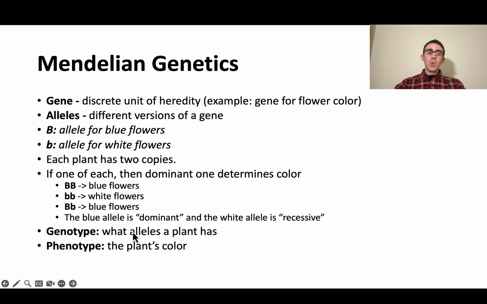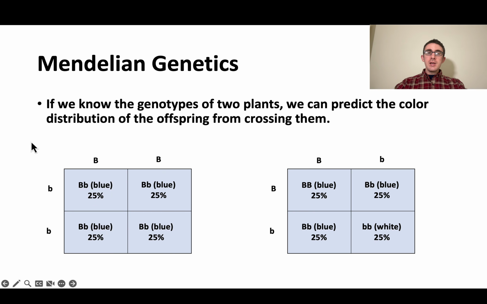So yeah, genotype is what alleles a plant has, and then the phenotype is the plant's color, so blue or white in this case. And the cool thing about this model is that if we're doing a cross between two plants and we know their genotypes, then we can predict what distribution of colors the resulting generation of flowers will have.